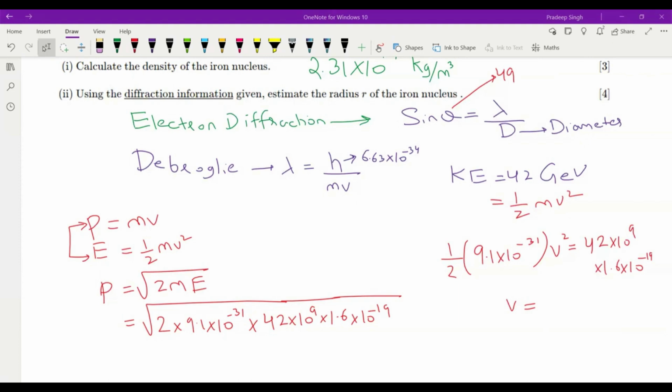Sir, one question. The mass of an electron we take for only one electron? Yes, one electron. The momentum is 1.11 into 10 raised to minus 19. That is correct, that matches according to the MS. Yes sir, I got that as well. Okay, now let's put this value in the momentum, mv, and find lambda.